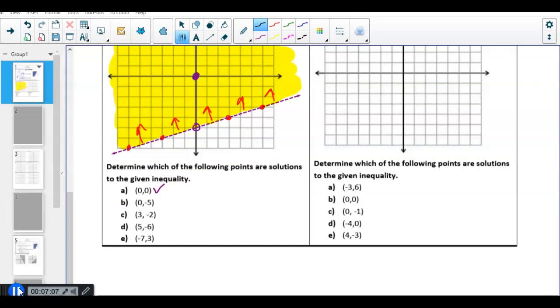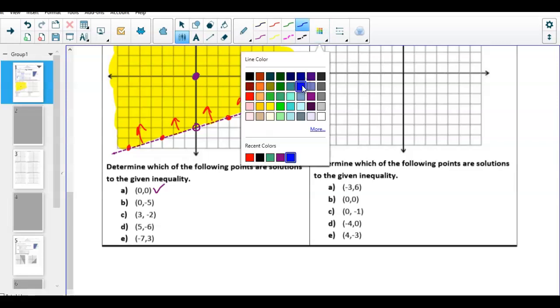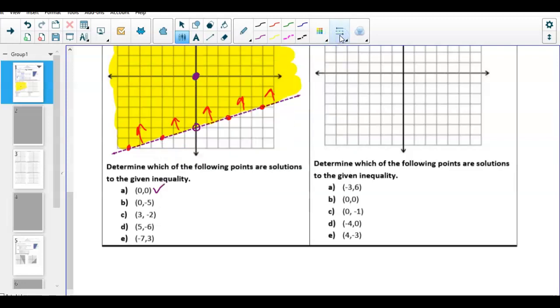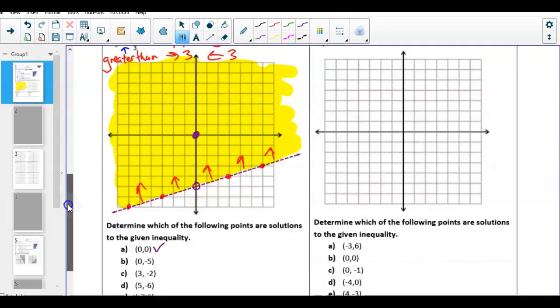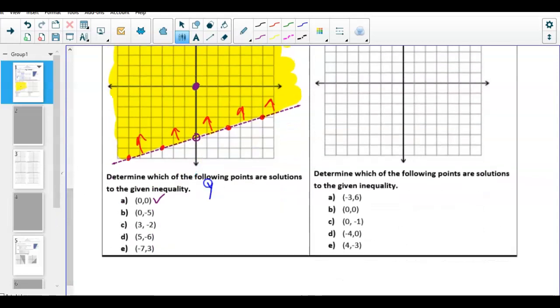So to see for sure if this is a solution or not, we're going to put this into the equation and solve for it. So 0, negative 5, and the equation was y is greater than 1/3 x minus 5. I'm going to put in 0, negative 5. If you aren't sure, this is a for sure way to see: is this a solution or not?